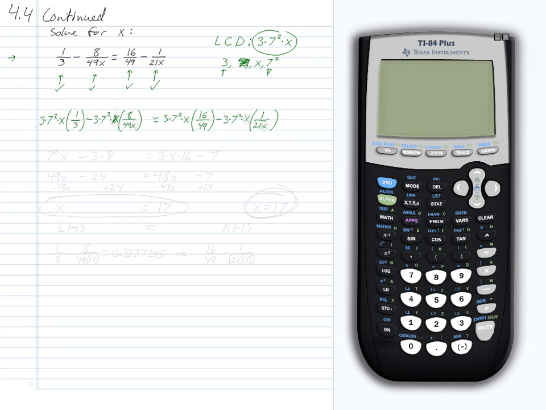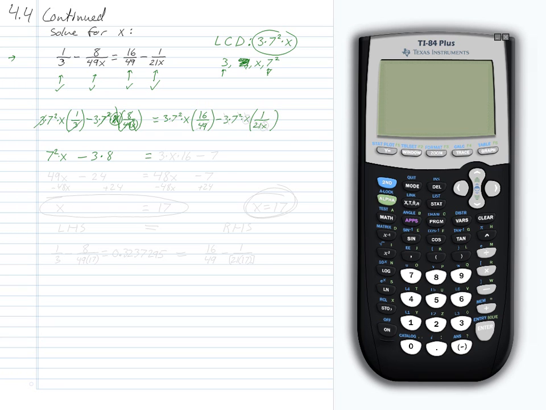Okay, so in our first term, we can cancel the 3's, and we're left with 7 squared times x. In our second term, we can cancel 7 squared and 49, and we can cancel the x's. So we're left with the 3 and the 8 only.